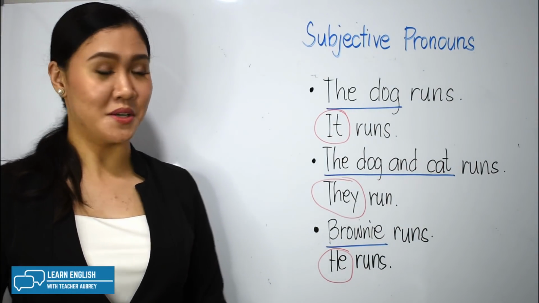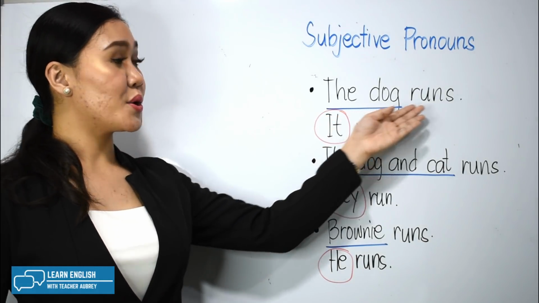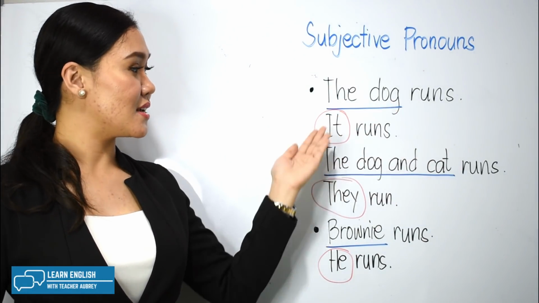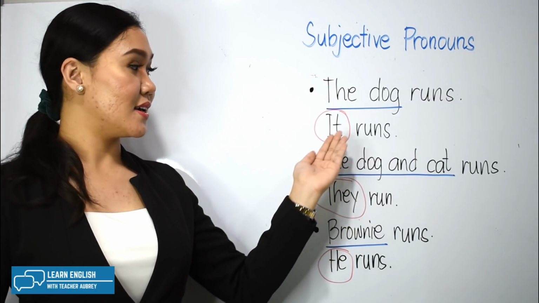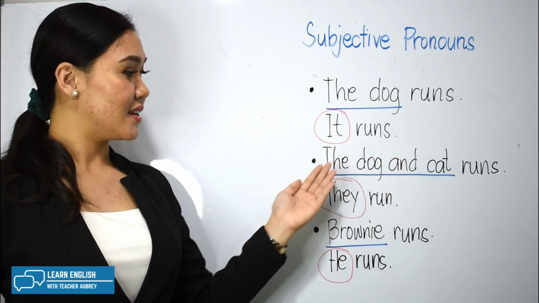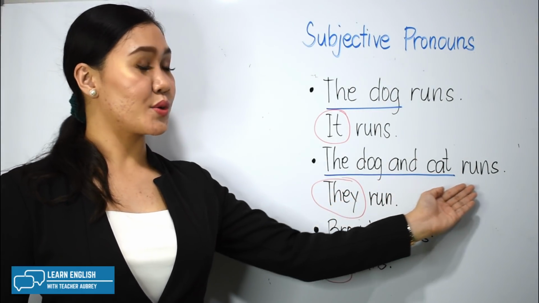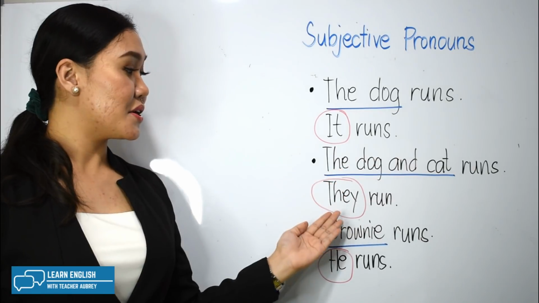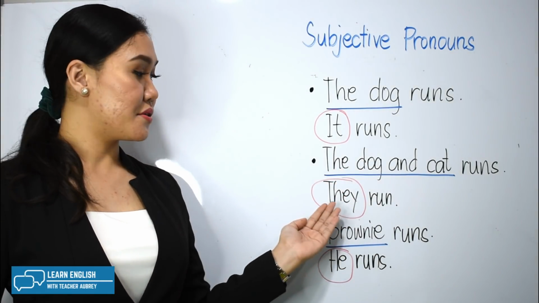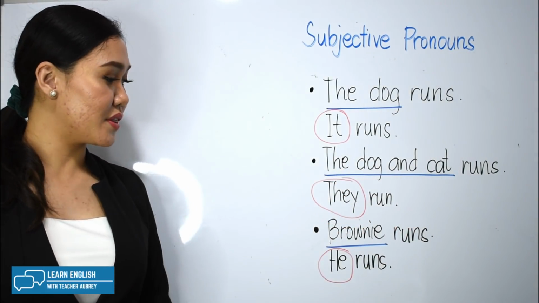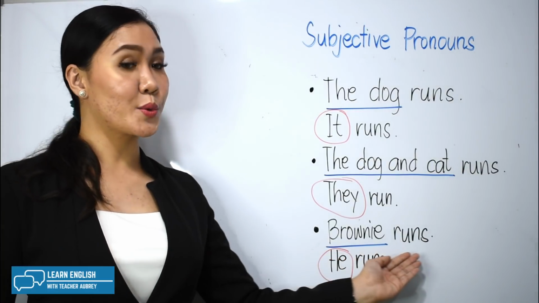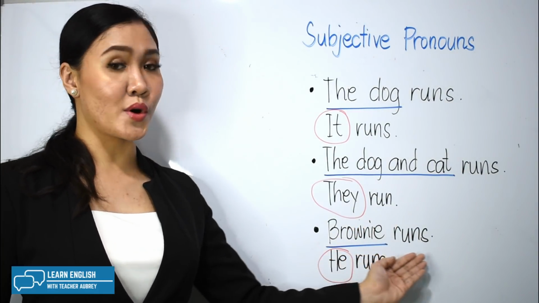Repeat after me. The dog runs. It becomes it runs. The dog and cat runs. It becomes they run. And for the last one, Brownie runs.